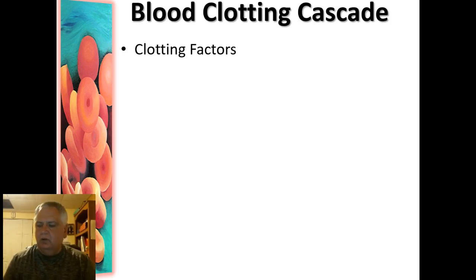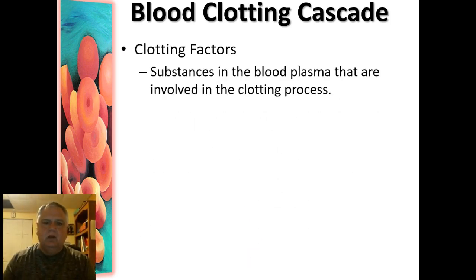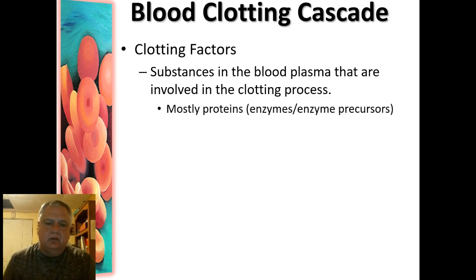Now, in order for blood clotting to occur, we talked about the factors that were released by the platelets. There are, however, more clotting factors that are present even in the plasma of the blood. These clotting factors are substances in the plasma that are involved in the blood clotting process.